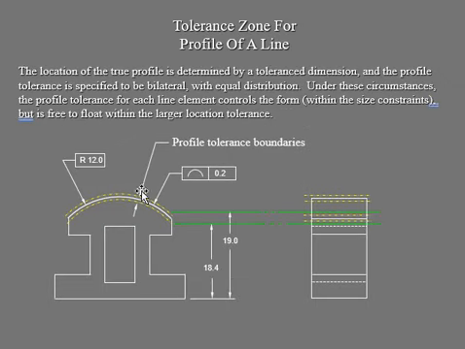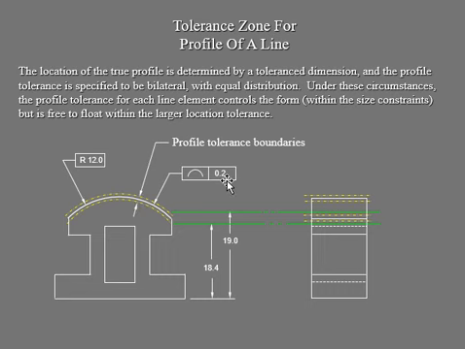Of course, your profile tolerance boundaries, you can see this on both views in this example. The location of that line profile is going to be determined by your tolerance dimension right there. So the profile tolerance in this case is bilateral. Bilateral means equally distributed.